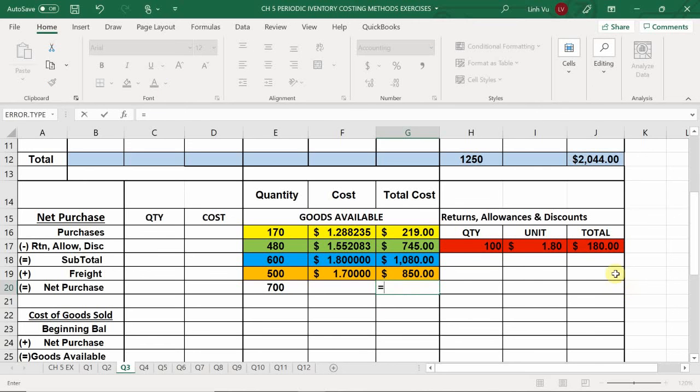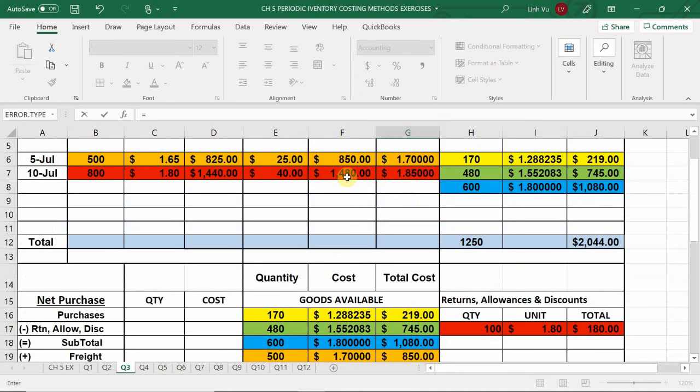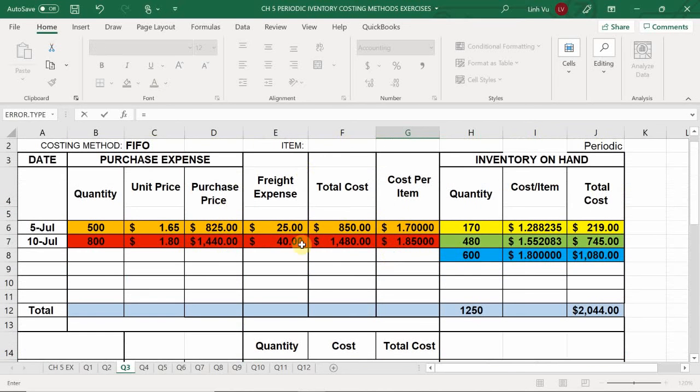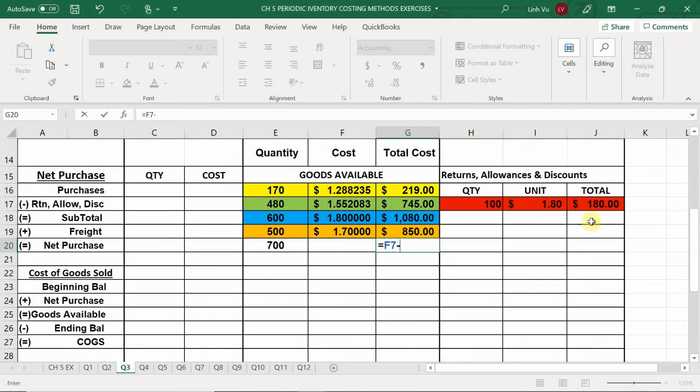So, okay, let's do it again. You had 1480 and you are returning 180. $1,260. Now let's do it again. You started out with 1480, that's your total cost, minus, because you got a refund for $180.